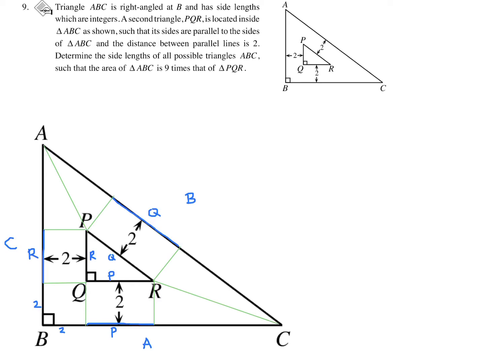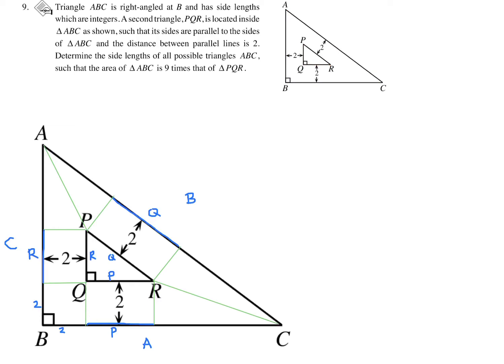Now we have some similar triangles. We have this triangle PQR is similar to ABC, and I hope you can see that because they're all parallel. The sides are all parallel. They tell you that in the question.